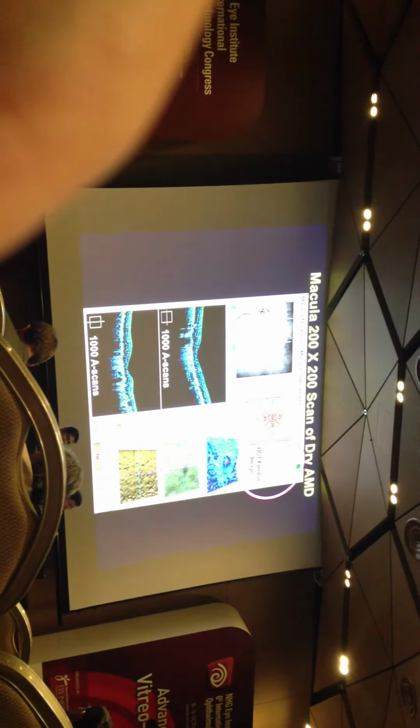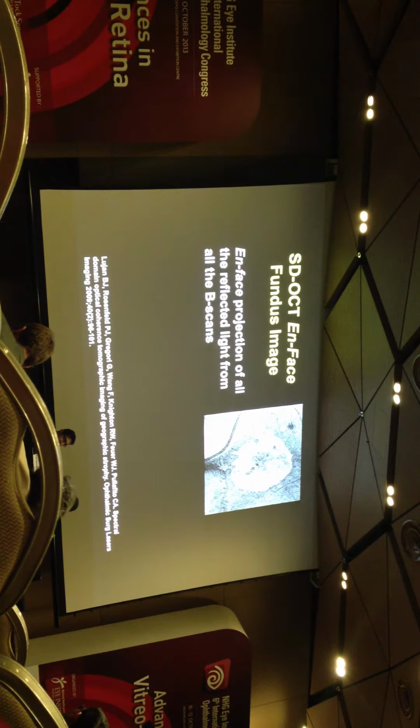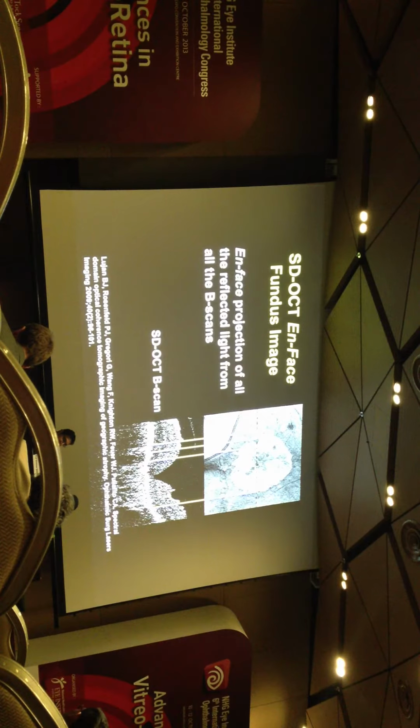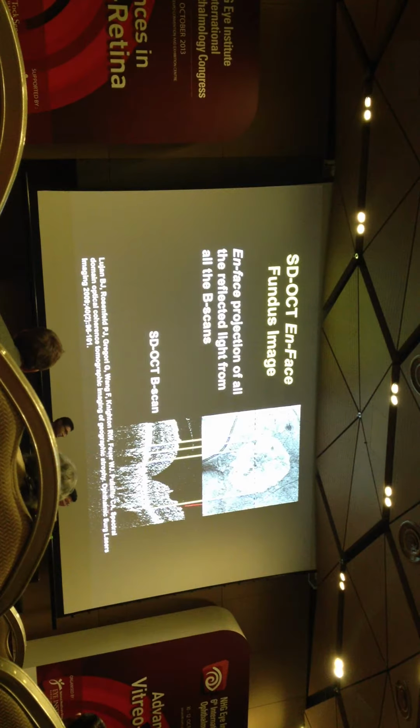A lot of people think that's an SLO image, but it's not. That's a projection image. And the reason why geographic atrophy looks bright is that if you integrate all the light that's reflected here, you see that where the RPE is intact, you have scattering at the level of the RPE from the melanosomes, and where the RPE is gone, you get deep penetration.